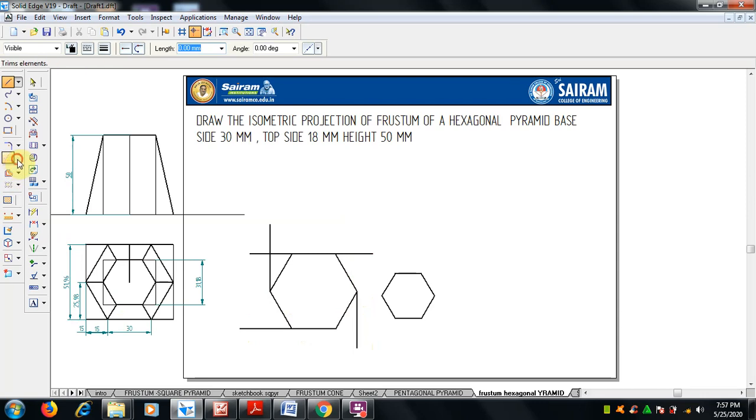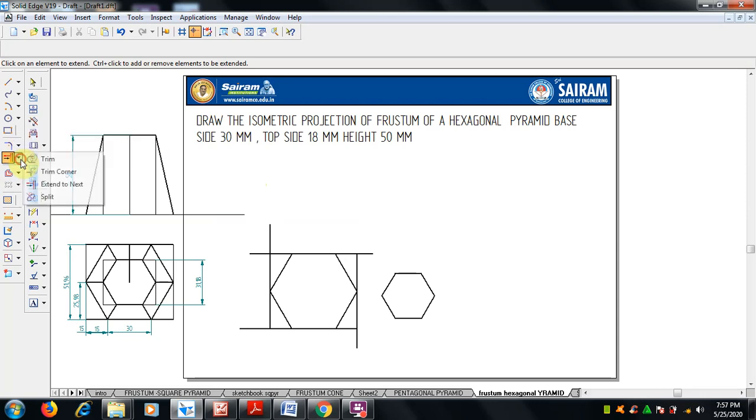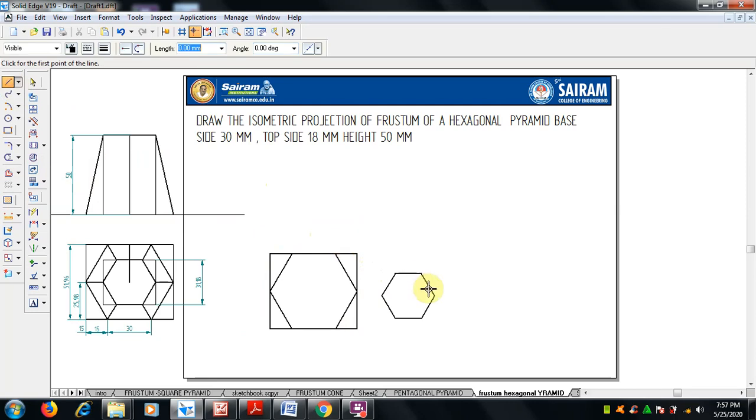So go by selecting extend to next, draw the extension line. So this is extended, okay, and we can trim it off. This is done. Okay, here like this, for the smaller one, draw lines.